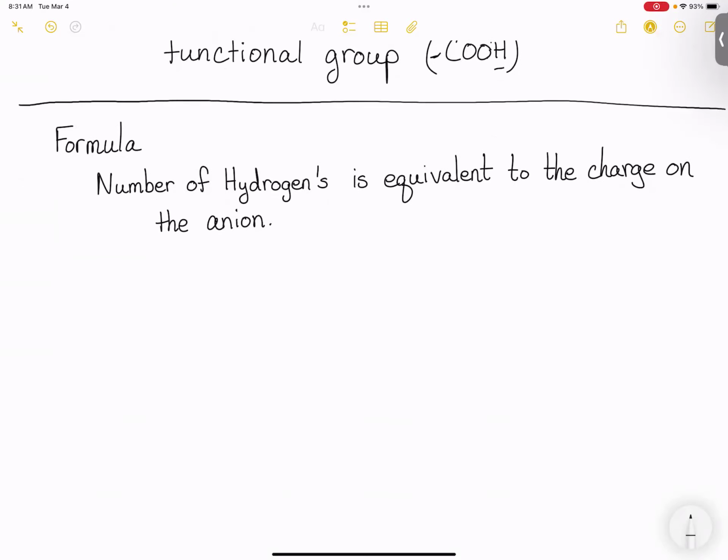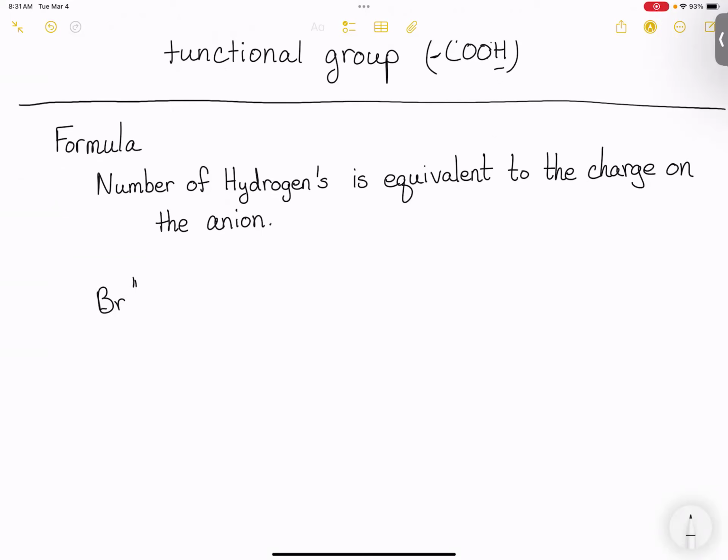So for example, if I were to say bromide, what is bromide? Bromine carries with it a -1 charge.